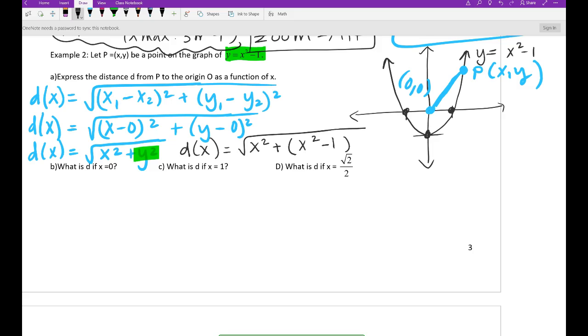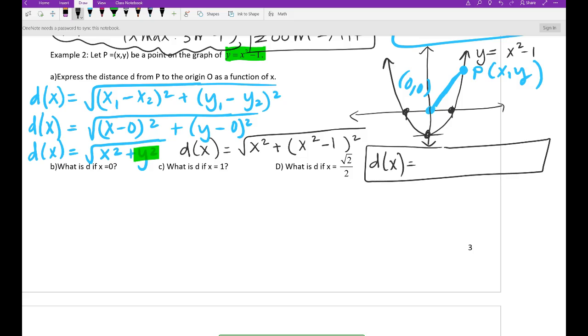Can you take about 30 seconds, simplify that out, combine like terms, and then we'll box up the d of x equals. Oh, thank you. Good job. Good catch. Yeah, so FOIL that out, add like terms. Once you have an answer, can you check it with your peeps?